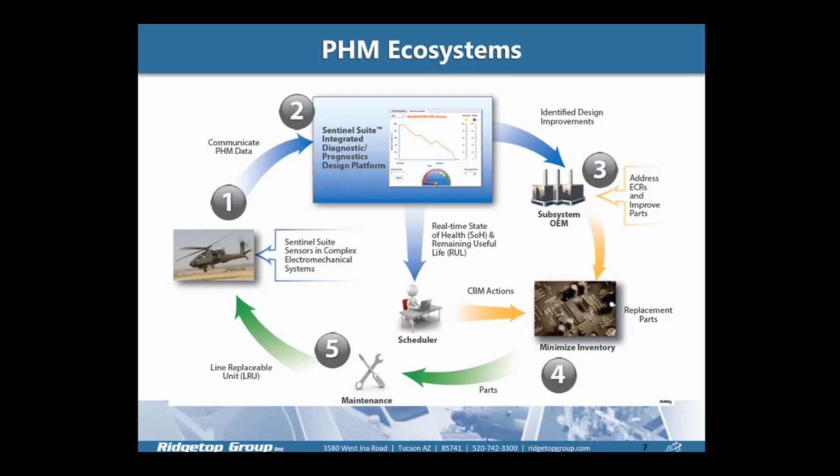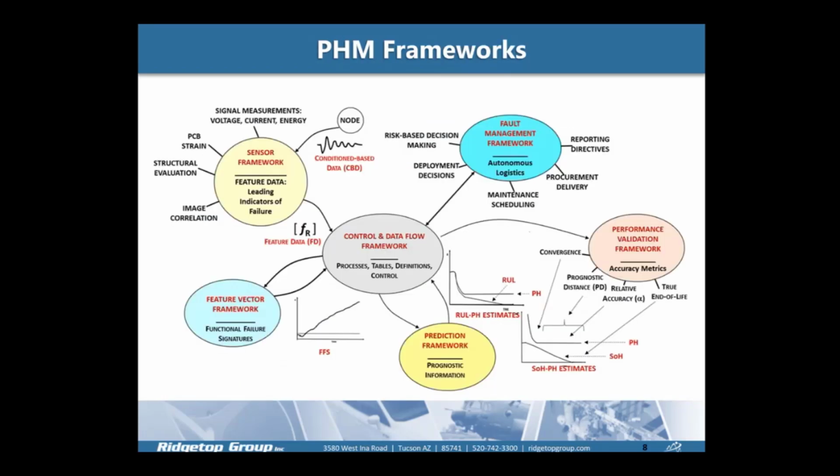And over the years, Ridgetop has conceptualized the PHM frameworks in several different manners. And one of our late colleagues, James Hoffmeister, came up with this diagram several years ago to really capture the key elements of a complete PHM system.